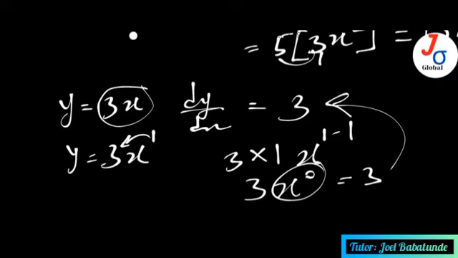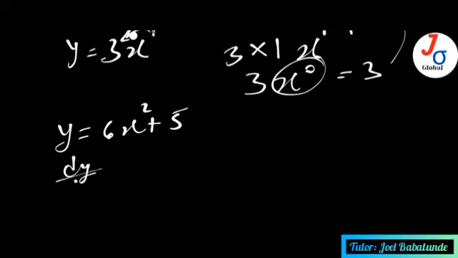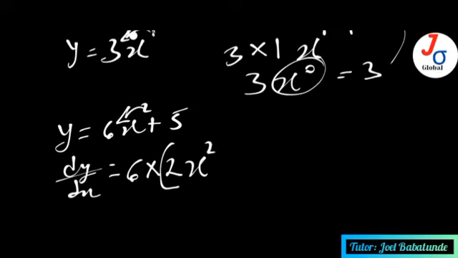Okay, good. So let's take one example. You have y equals 6x squared plus 5. How do you differentiate this? So dy/dx has to be 6 times 2, then x to the power of 2 minus 1. And plus, anytime you differentiate a constant, let's say 5, the derivative is 0.